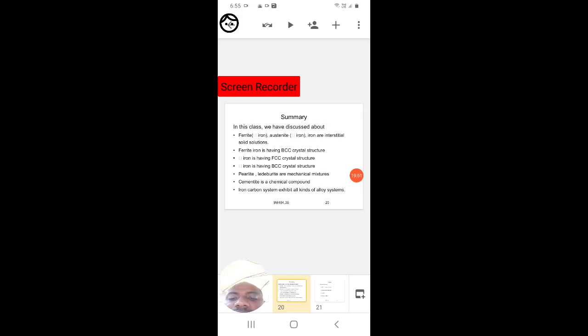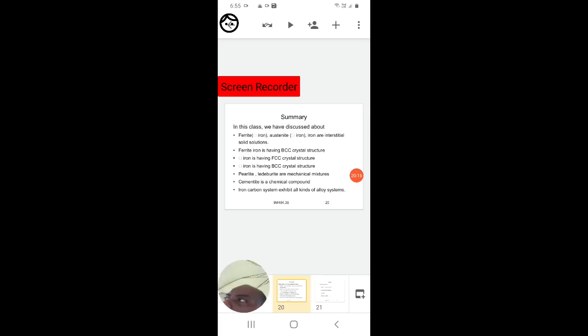Among the different types of iron, gamma iron has an FCC crystal structure, and delta iron and alpha iron have a BCC structure. Pearlite and ledeburite are mechanical mixtures.